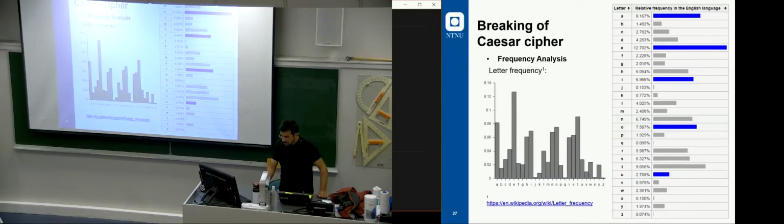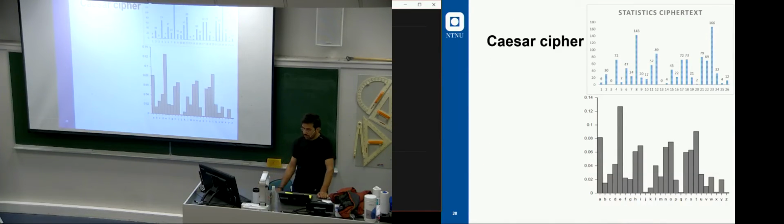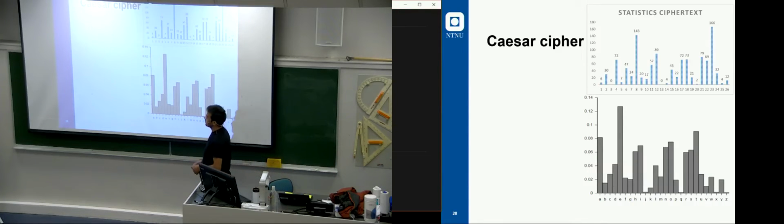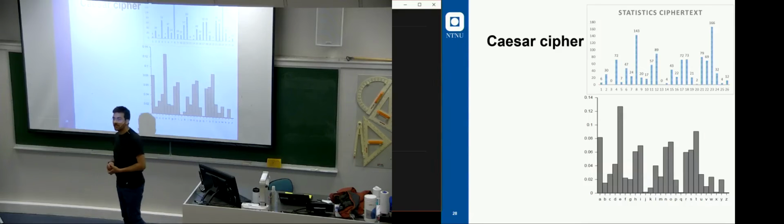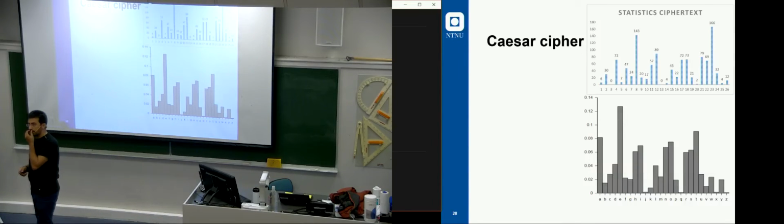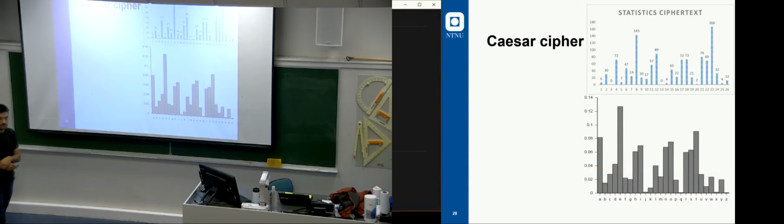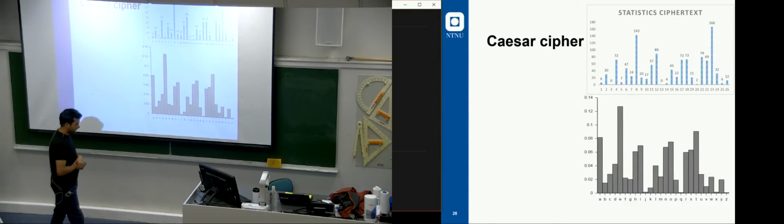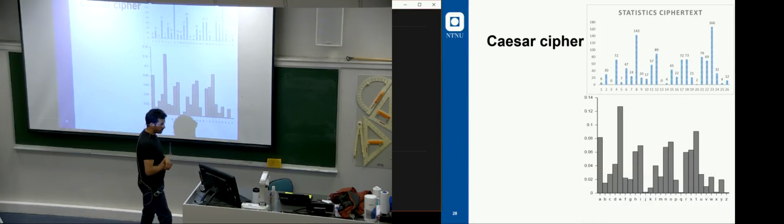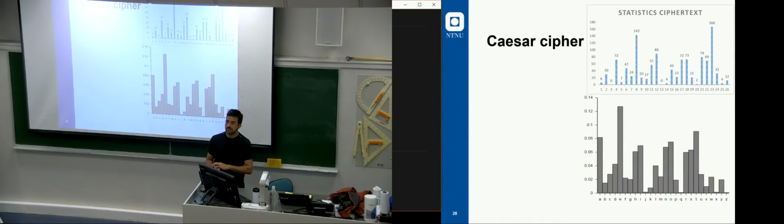For example, let's take this example. The histograms above are actually the text that we just saw, and the frequency of letters there. And at the bottom, you can see the actual frequencies of English letters. We can do a kind of pattern matching.